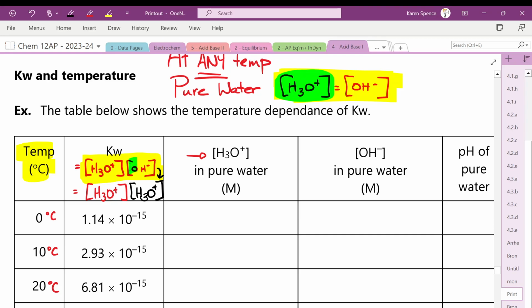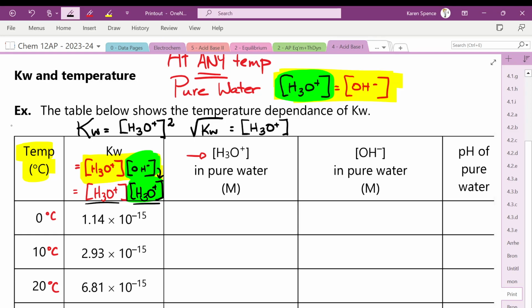So we're going to take OH minus and replace it with H3O plus, which means now that KW is equal to H3O plus times H3O plus, or we can write that as KW is equal to H3O plus squared, yes? And what that means is we can take the square root of both sides. So the square root of KW is equal to the concentration of H3O plus. Does that make sense? Okay.